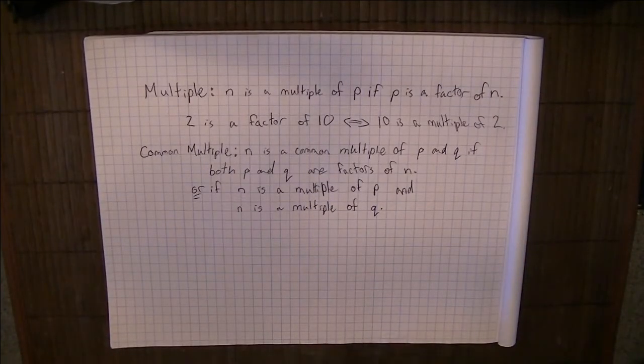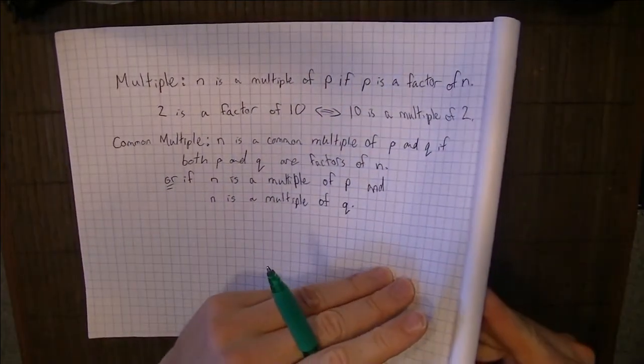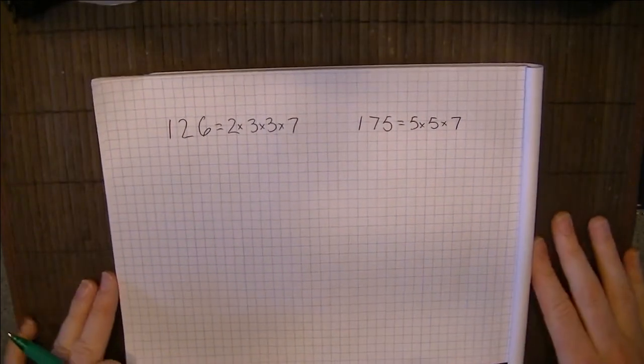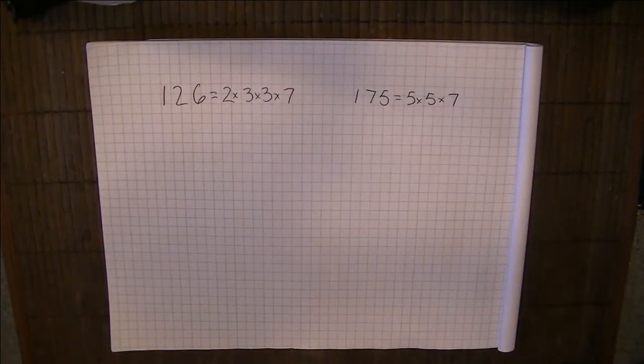Okay, now hopefully you understand why it's called that. All right, great. So let's take a look at two numbers that may seem a little familiar. Here we go. We've got 126 and 175.